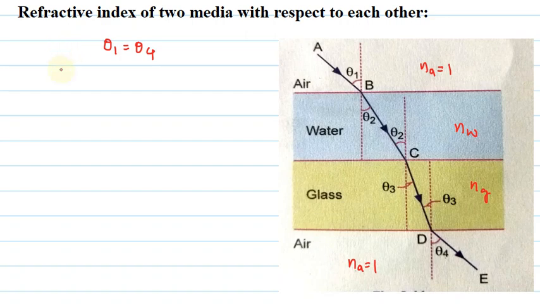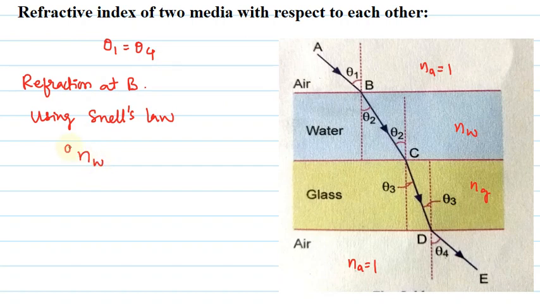Now let us consider refraction at B. For ray of light passing from air to water, using Snell's law, we can write refractive index of water with respect to air as sin theta 1 upon sin theta 2.